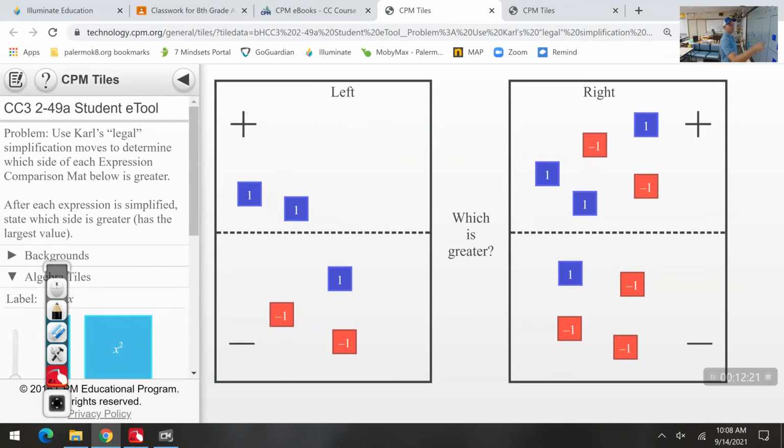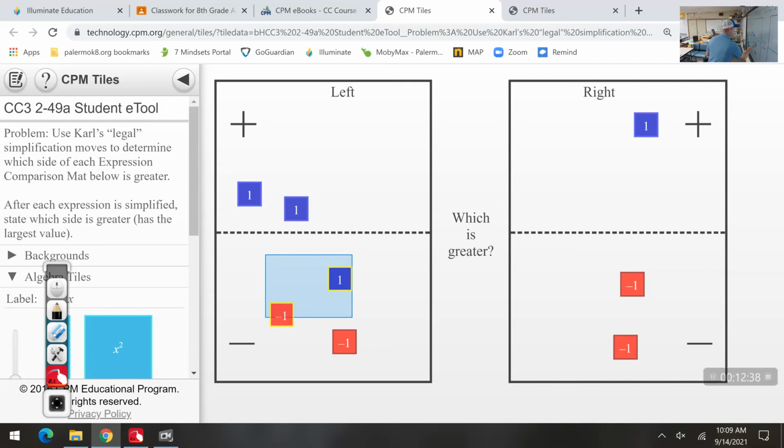I'm going to remove these 3, these 4, oh, gotta go this way, and these 2. There we go. This is what your mat should look like. Missed one. Now, that was my first legal move. I did a 0 pair and things got better already. That's why I like 0 pairs, because it makes things better.